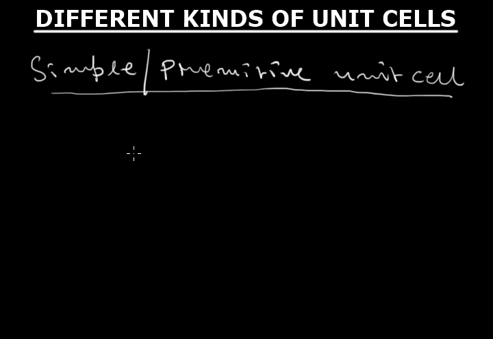The unit cell where the corner of the unit cell is occupied by the constituent particle is called simple or primitive unit cell.